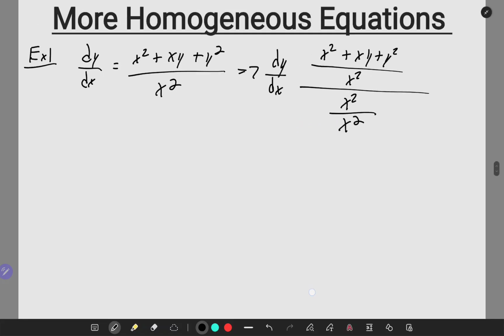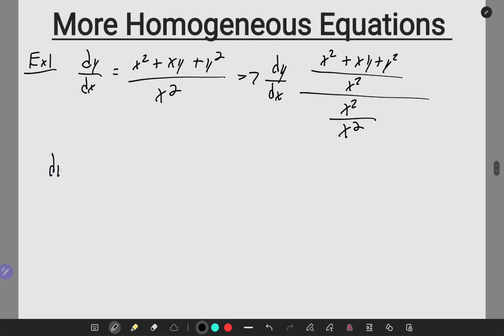So this will leave us with dy/dx is equal to 1 plus y over x plus y squared over x squared, over 1. This will just cancel. That becomes 1.